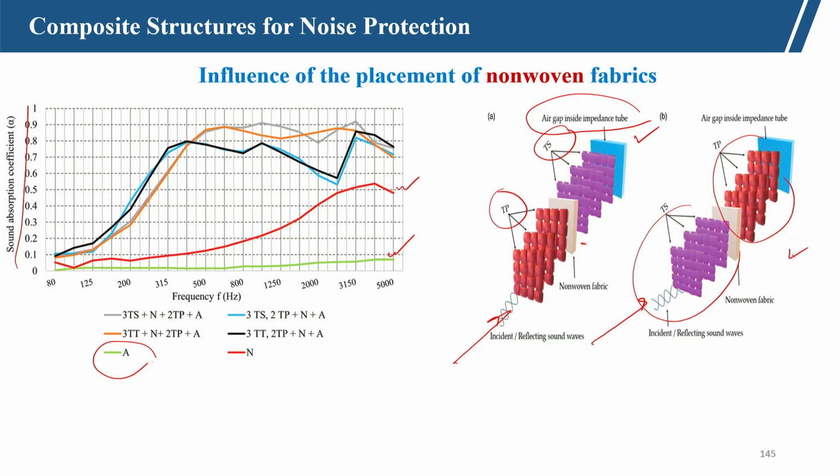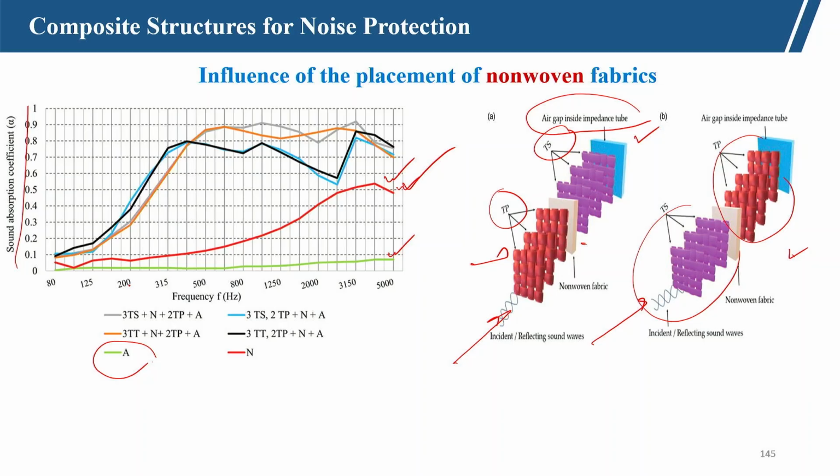If we see only non-woven, this is better than only air, but there is lower sound absorption as compared to the composite structure. When we add the woven structure along with the non-woven structure, the sound absorption coefficient increases.